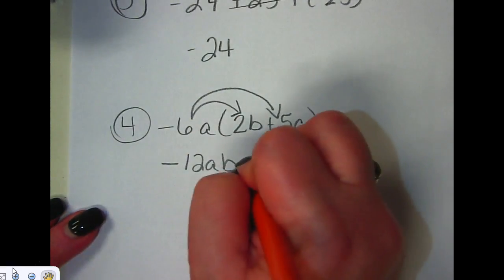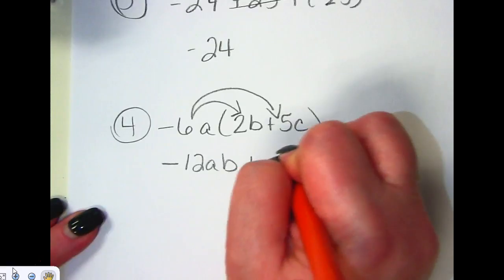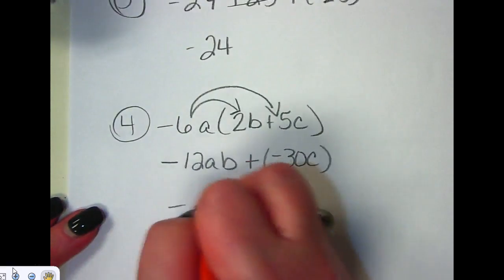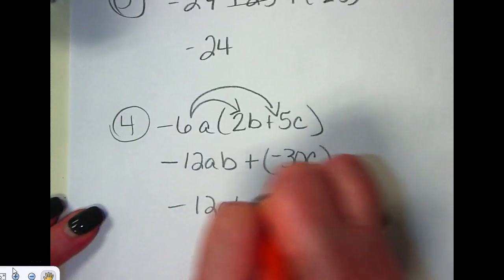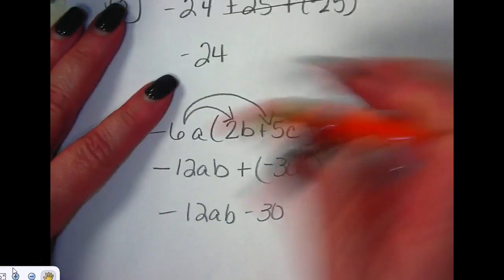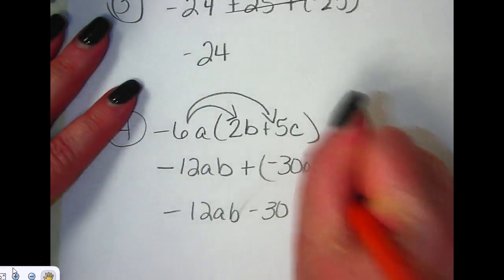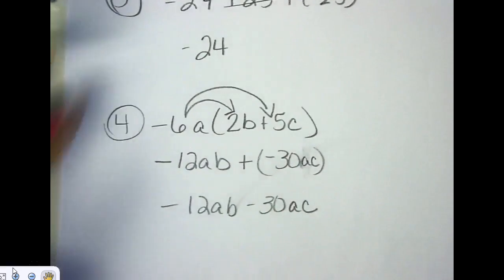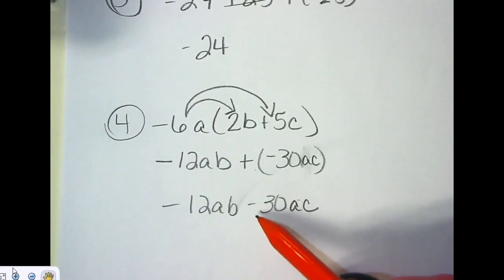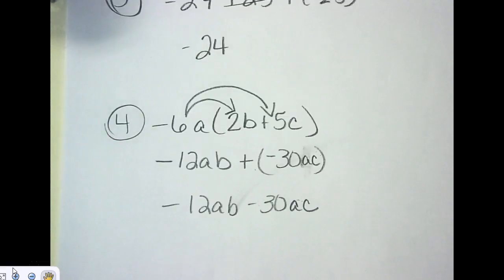So I'm either going to get plus negative 30c, or it could say negative 12ab minus 30... Oh, not c, ac, right? Those mean exactly the same thing. Plus a negative is the same thing as subtraction.